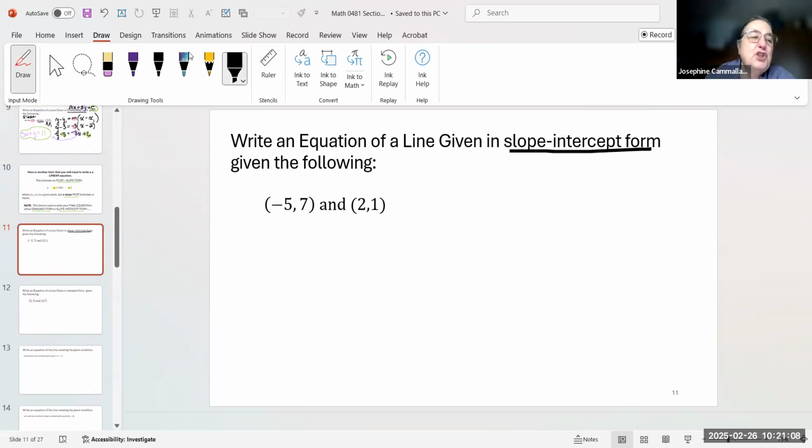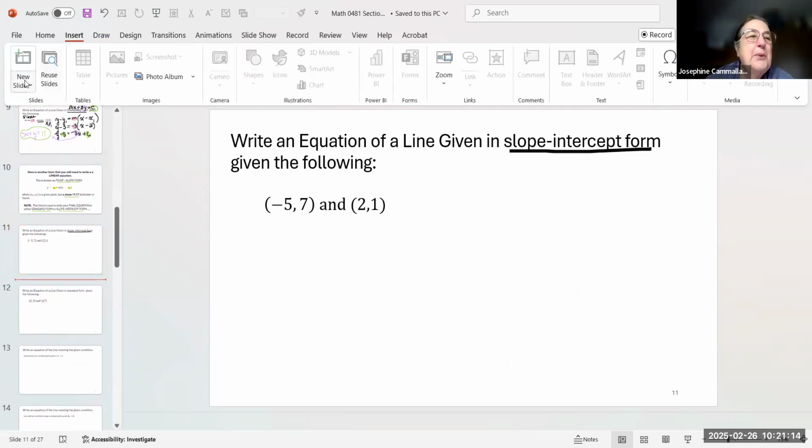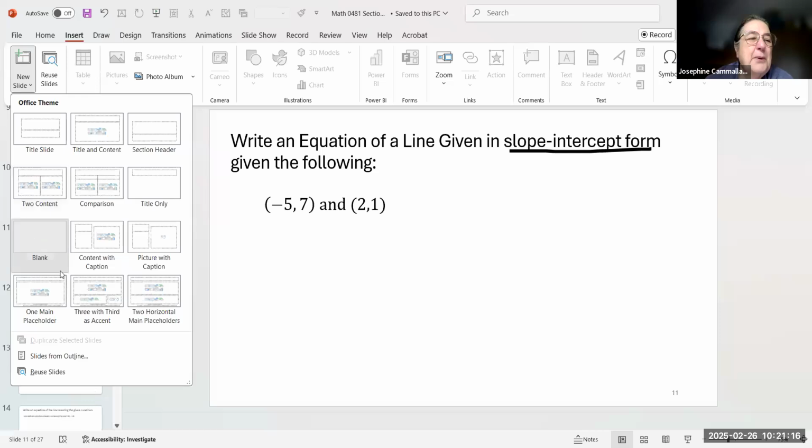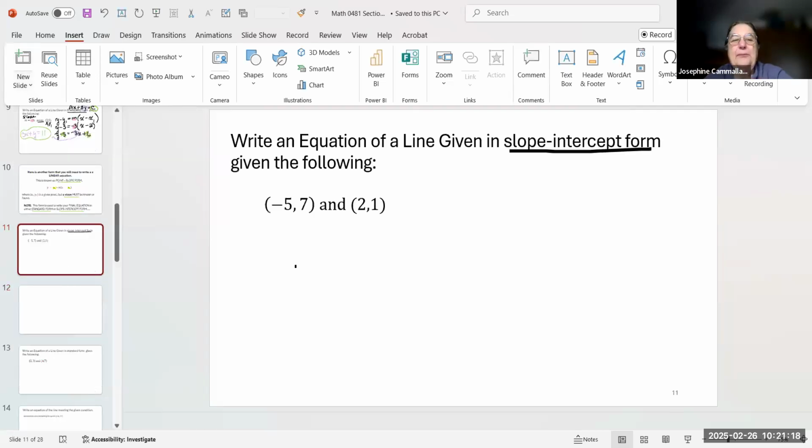Well, I'm going to be doing two things here, okay? Do you see this word slope? I don't have a slope. That means I have to find the slope first.